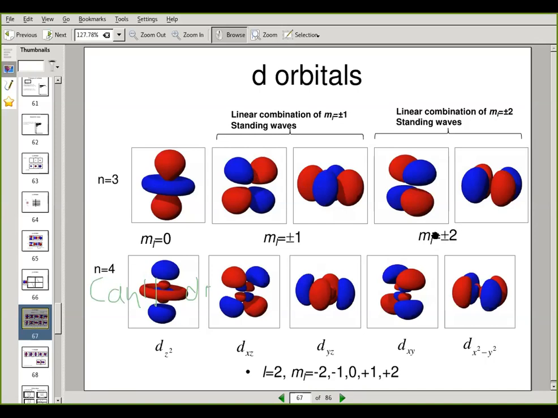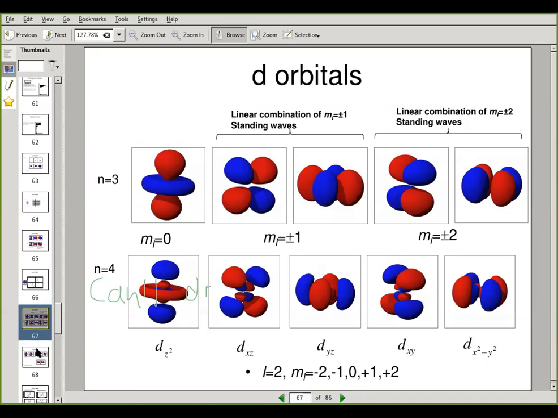Same with ML plus or minus 2, we have to get two combinations to get stationary orbitals, and that's what we're familiar with in terms of d orbitals.